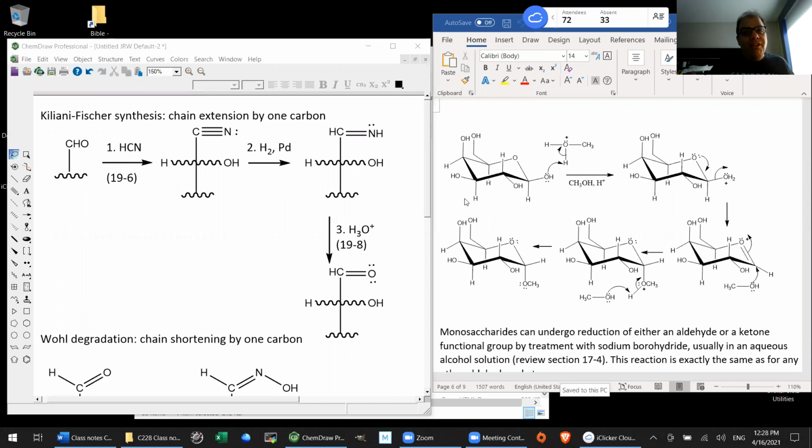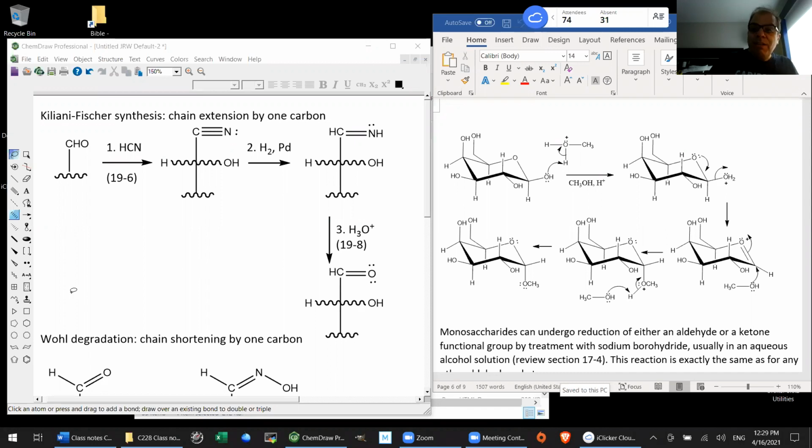Granted, any straight chain form of any sugar is going to be present in aqueous solution in only a few %, but that's okay. The sugar can go into that form, and then we can go through either of these processes. So these are called the Kiliani-Fischer synthesis and the Wohl degradation, which respectively result in extending the carbon chain by one carbon or shortening the carbon chain by one carbon.